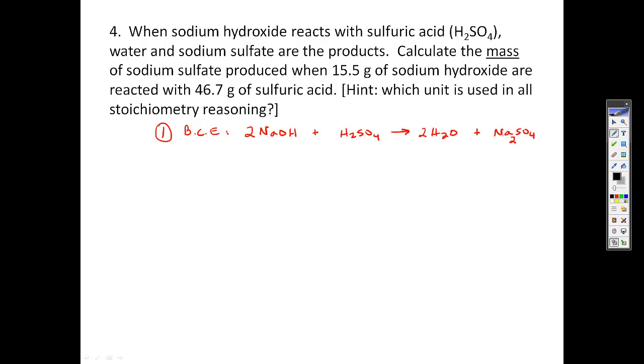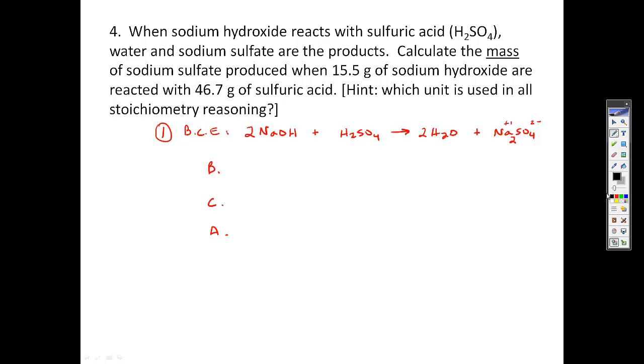We need 2 sodiums per sulfate, remember, because sulfate is 2- and sodium is +1. So I believe we should be balanced. Okay, let's go ahead and set up our BCA table, right? Before, change, after.